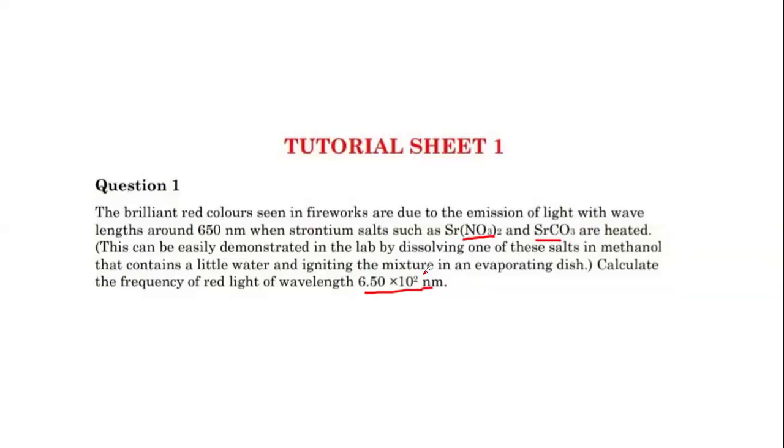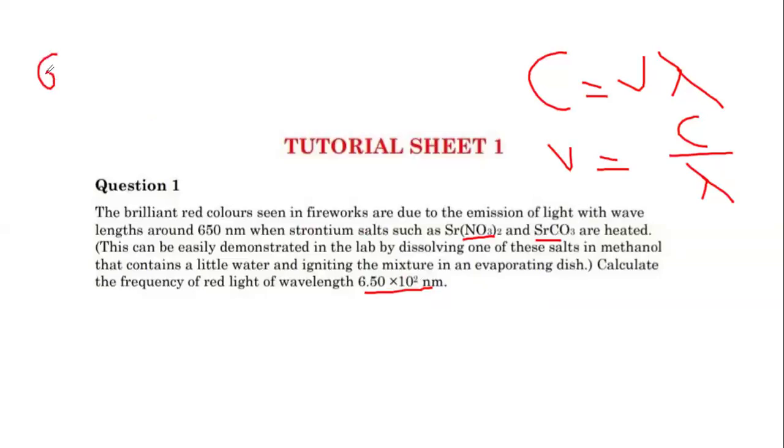We just have to apply this formula. c is equal to the frequency multiplied by lambda. Here I'm calculating the frequency, so v will just be equal to the speed of light over the lambda. But we have to make sure that this lambda is in meters, because here it has been given in nanometers.